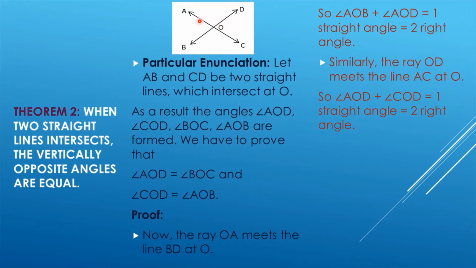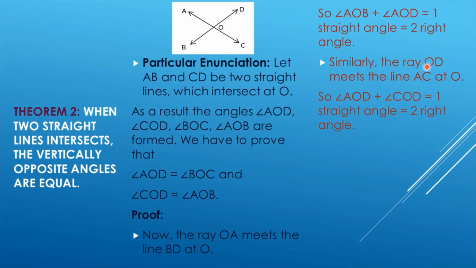You know, one straight angle is 180 degree, and instead of 180 degree we can write two right angles. So in here you get angle AOB plus angle AOD equals two right angles, and again angle AOD plus angle COD equals two right angles.